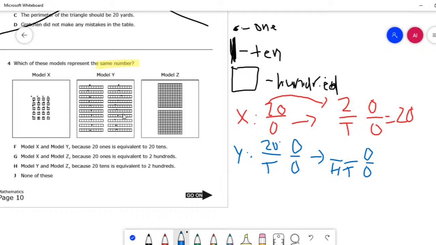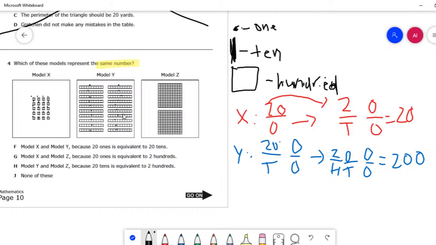We can move this next 0 into the tens place. But since we have another 2 in the tens place, we can move that over to the hundreds place here. So each place value only has one digit. And now we can see that all this number means is 200, because it's 2 hundreds, 0 tens, and 0 ones.